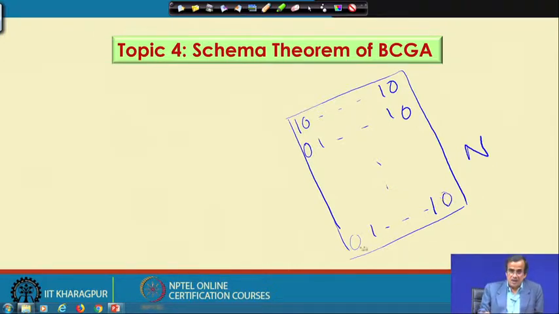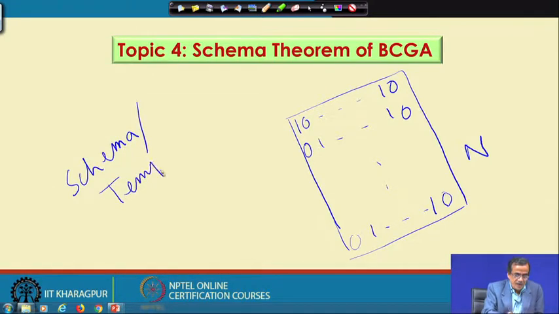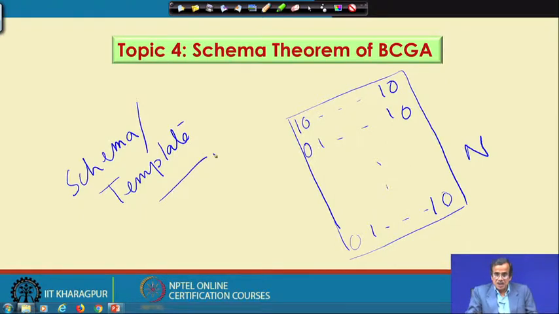After watching this similarity, we try to design one schema, and this schema is nothing but a template. So, we try to find a template which is followed by a large number of the binary coded GA strings.